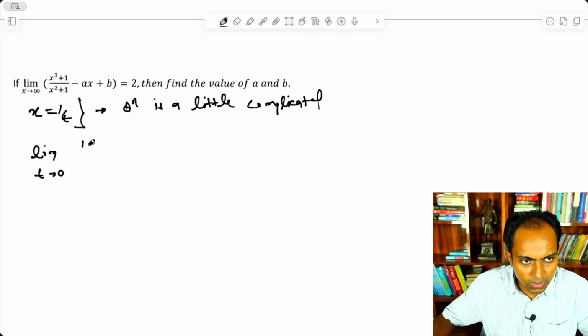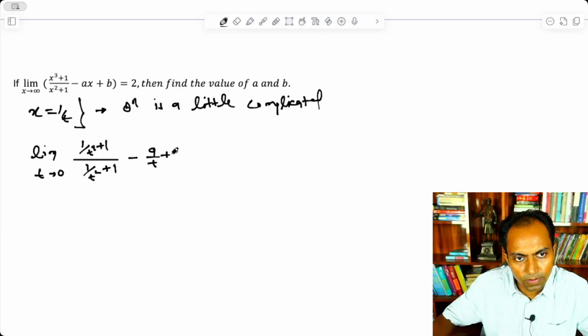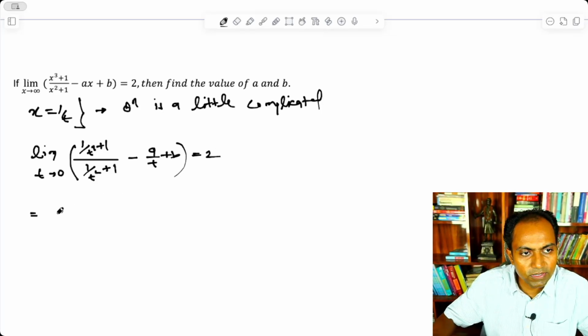The numerator becomes 1 by t cube plus 1 divided by 1 by t square plus 1 minus a by t plus b is equal to 2. If I simplify this, it comes out to be limit t tends to 0.